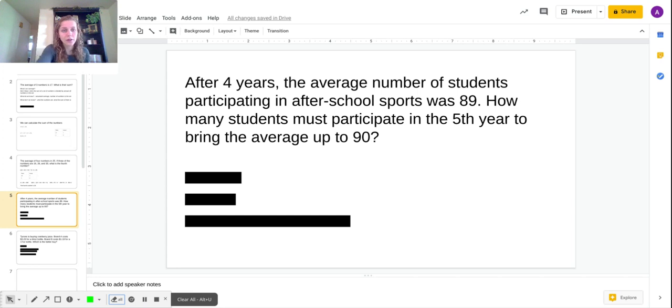So we know that after 4 years, the average was 89.